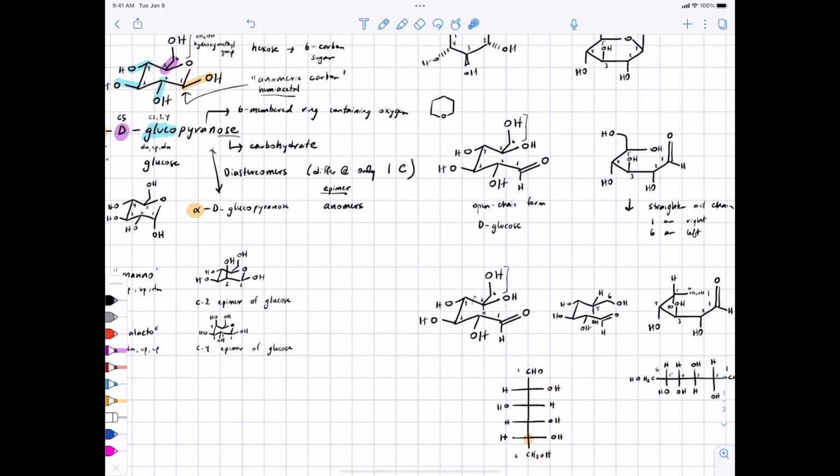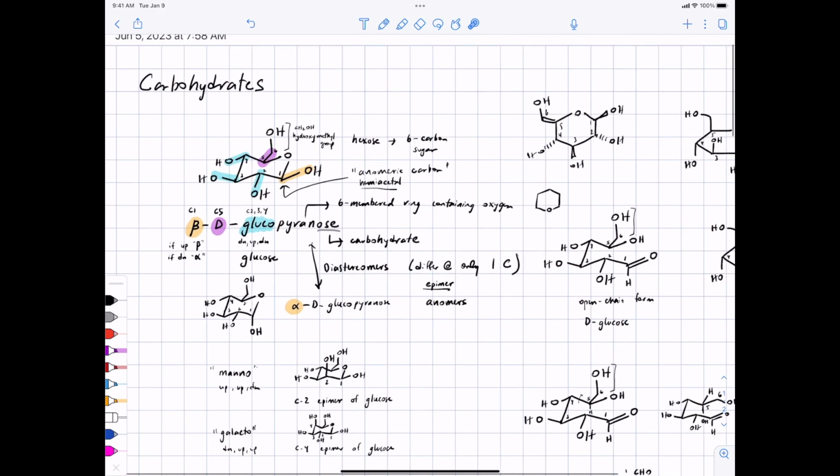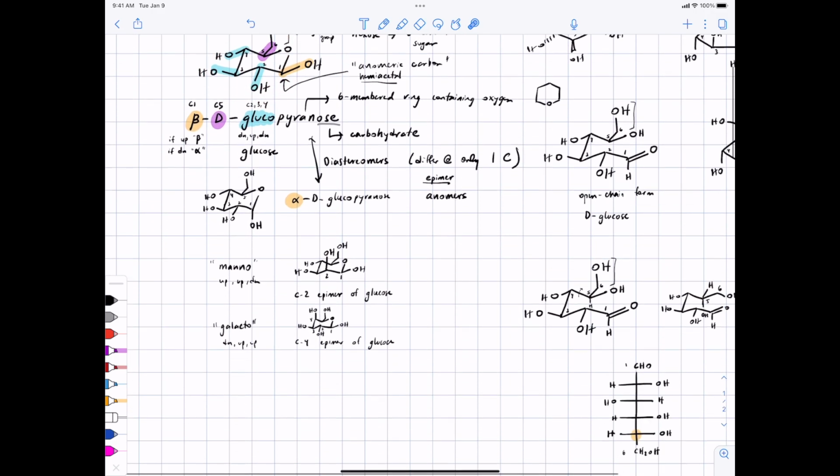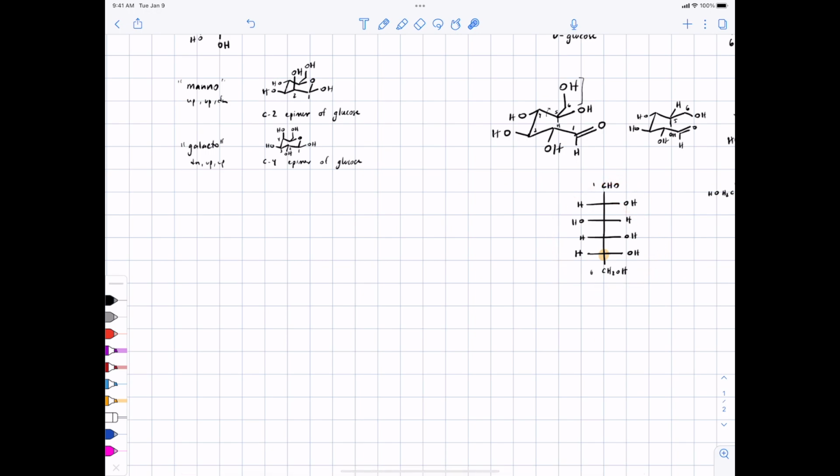I don't like that, but I sympathize with it because when people wrote scientific papers in the past with typewriters, they didn't have the ability to draw things like this. And so this was just a really convenient way that relied on straight lines, which are easy to come by on typewriters, to show the structure of glucose. So it is what it is. You may encounter it in your future.